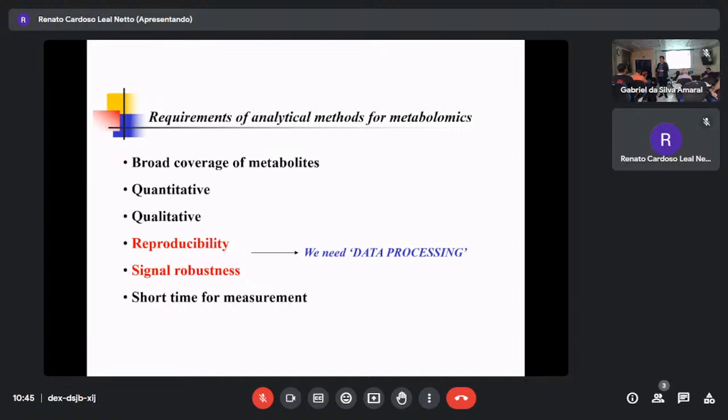What's the meaning of quantitative? Quantitative in this case means any kind of signal must be proportional to the concentration. That is clear, because with some analytical techniques I measure 1 milligram and the intensity is 1, 10 milligram sometimes 1, 100 milligram 1.